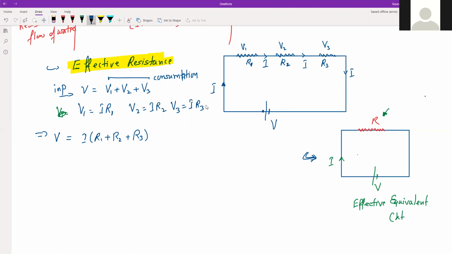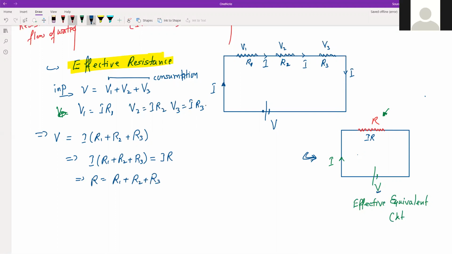And in here, V is the initial source input, and there will be a drop, and that drop will be I into R, and that drop should compensate the initial potential. That means this V in its equivalent will be equal to I into R. So from here, if we compare, what is R? R is equal to R1 plus R2 plus R3.